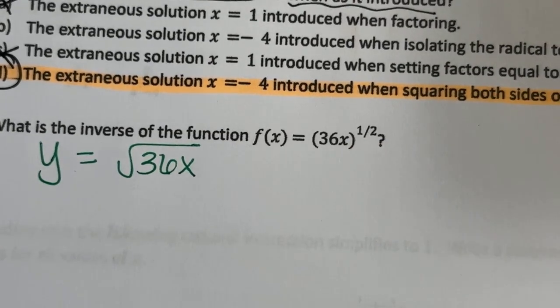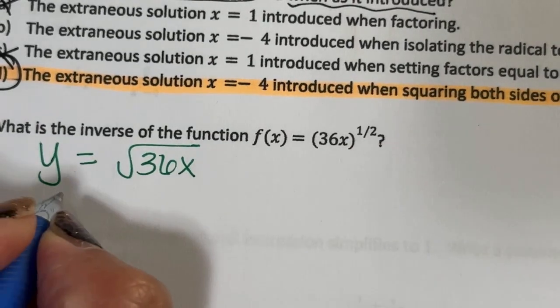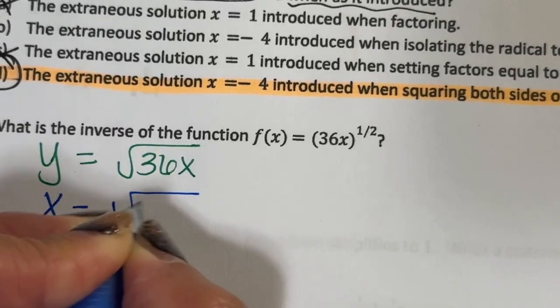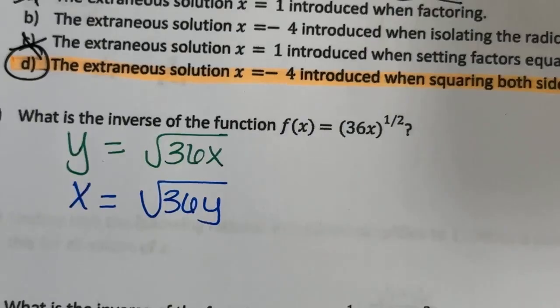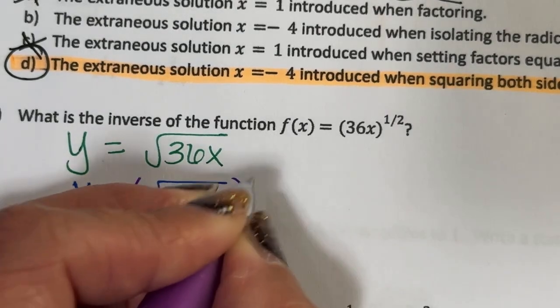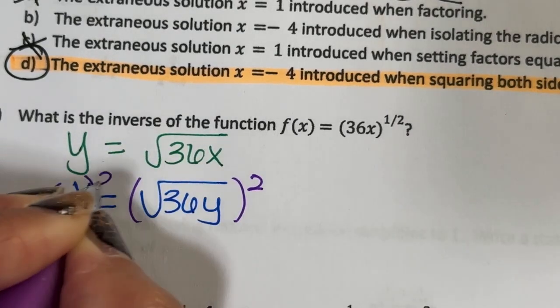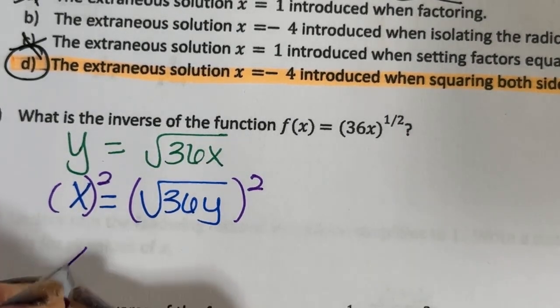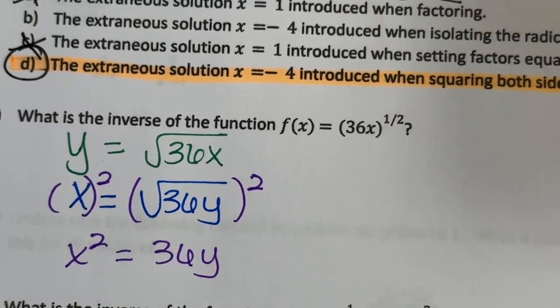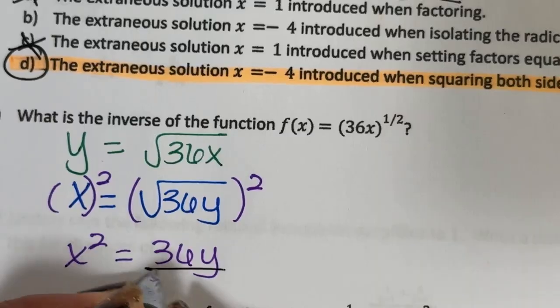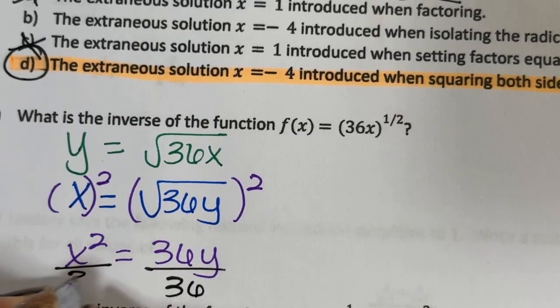All right, Freaky Friday, let's switch the x and the y because we're finding an inverse. And then we need to solve for y. So we need to release it from the radical, which means we have to square both sides because it's a square root. So we have x squared is equal to 36y. We need to get rid of the 36 in front of that y, so we need to divide both sides by 36.